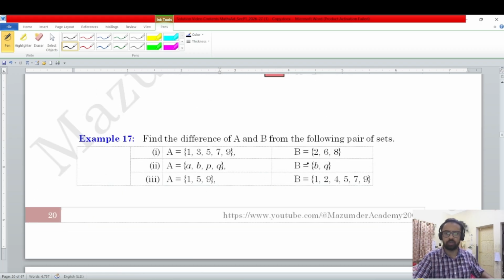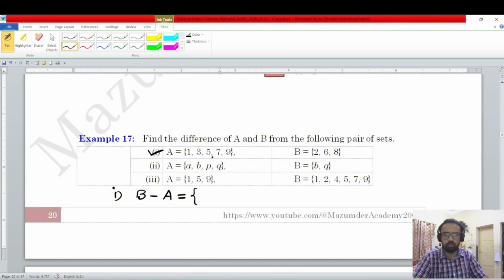Let us take an example. Say, find the difference of A from B from the following pair of sets. So we will find the difference of A from B, that means we are finding B difference A. Understand? So if I answer 1, B difference A: what are the common elements in B and A?